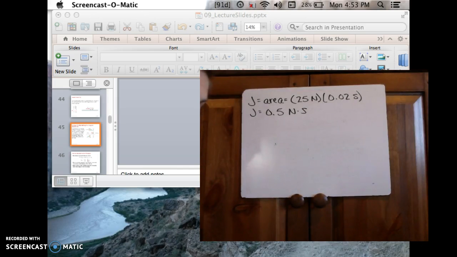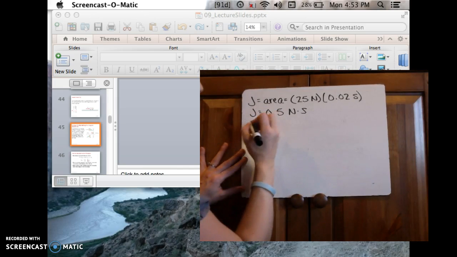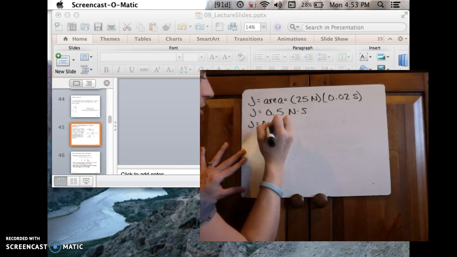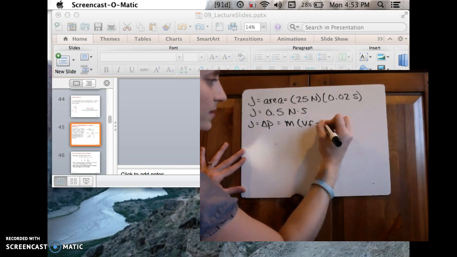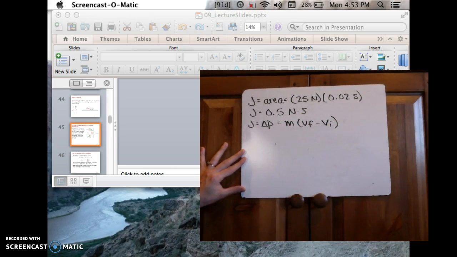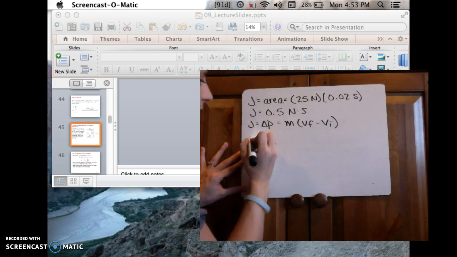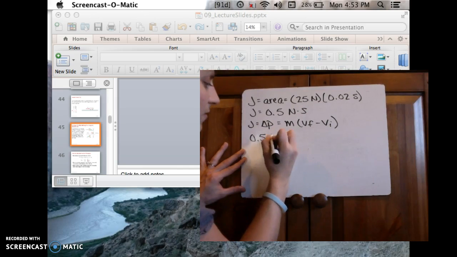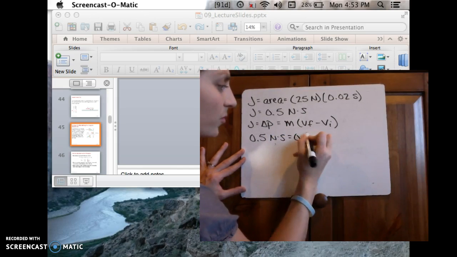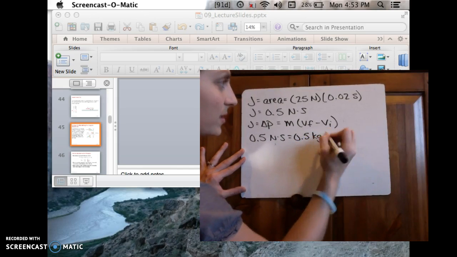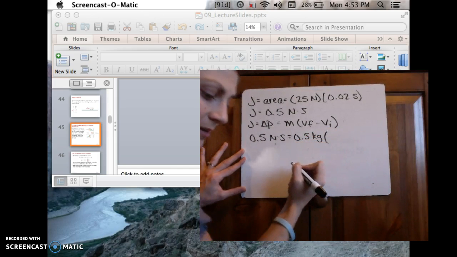Okay, so now we know that impulse is also equal to our change in momentum. So m times v final minus v initial. So using my impulse that I found earlier, 0.5 newtons times seconds, I set it equal to the mass, 0.5 kilograms, times v final minus v initial.